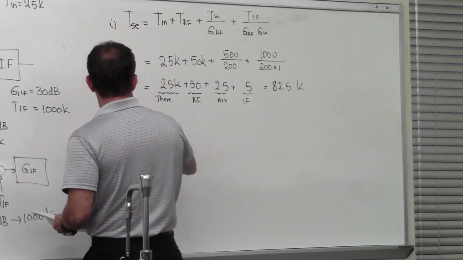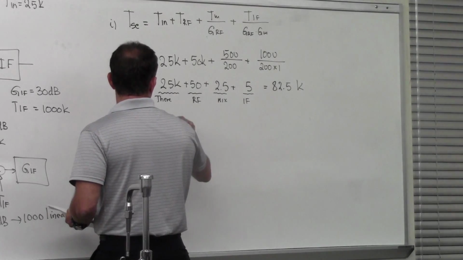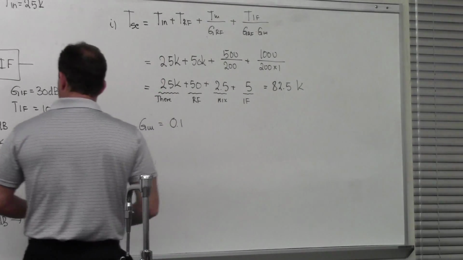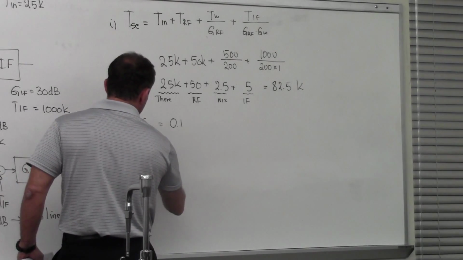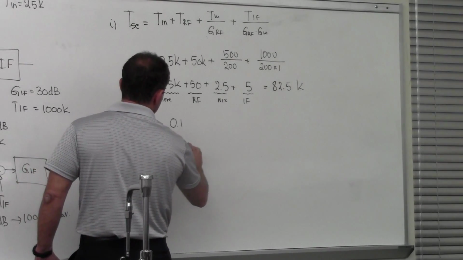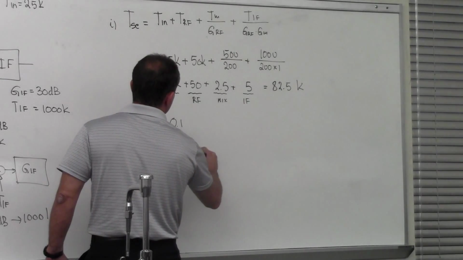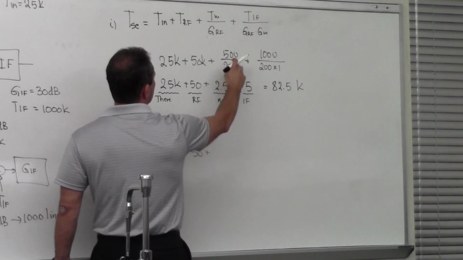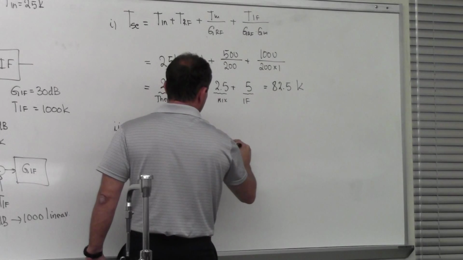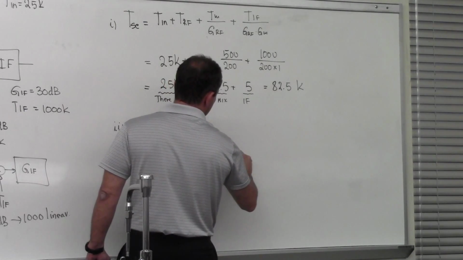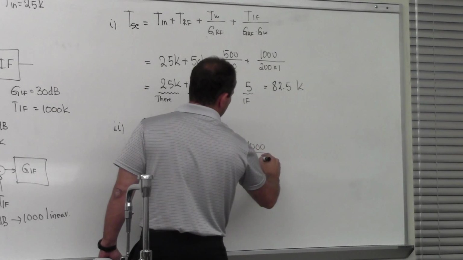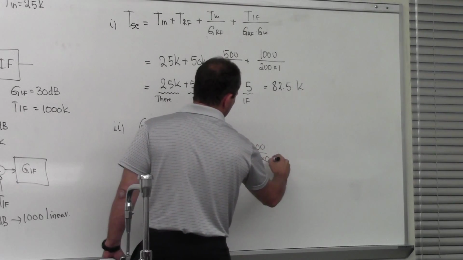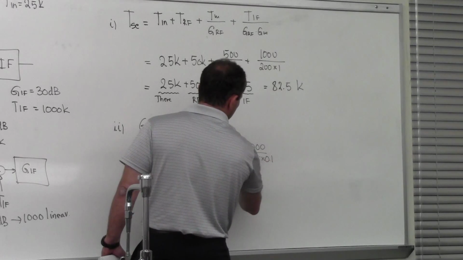Part 2. Now, the gain of the mixing stage is 0.1, minus 10 dB. Then the equivalent system noise temperature becomes 25 plus 50 plus 500 divided by 200 plus 1000 divided by 200 times 0.1.